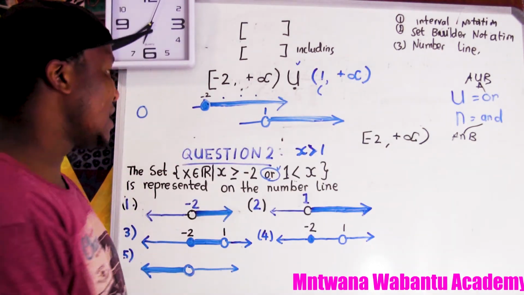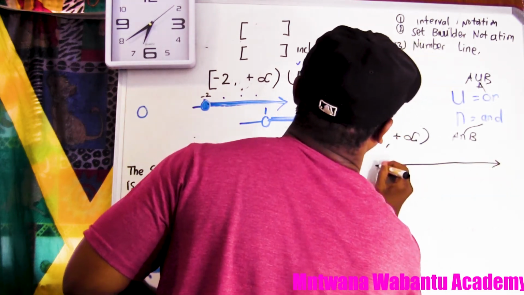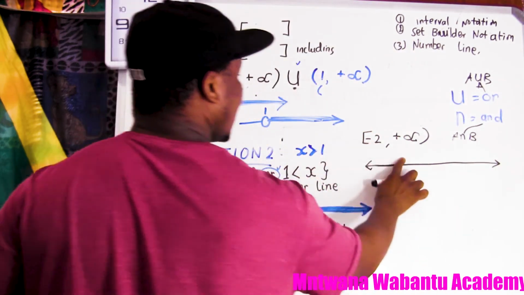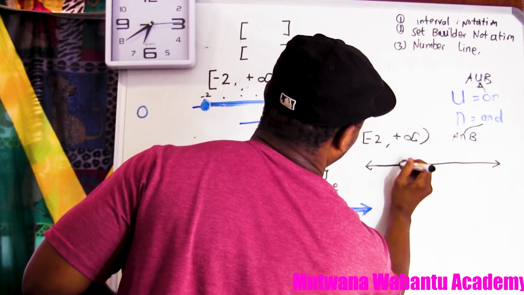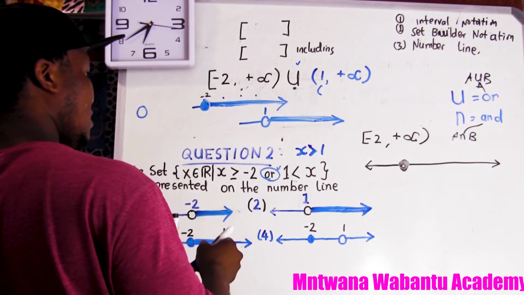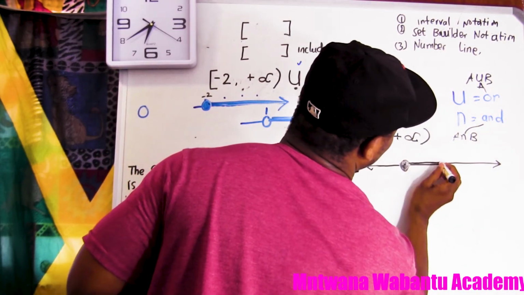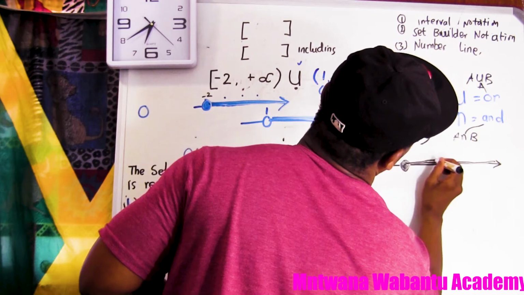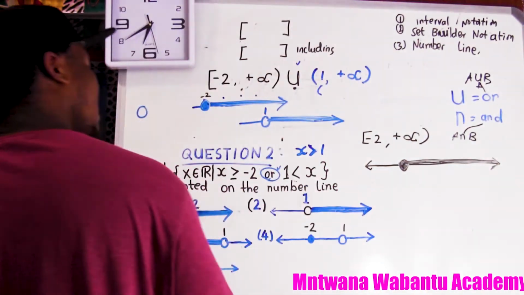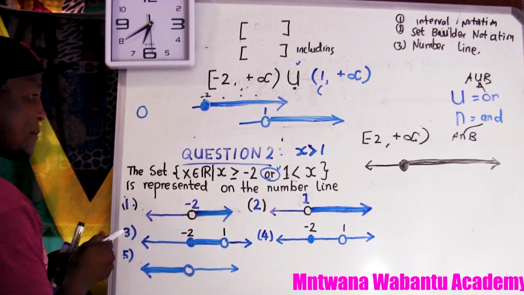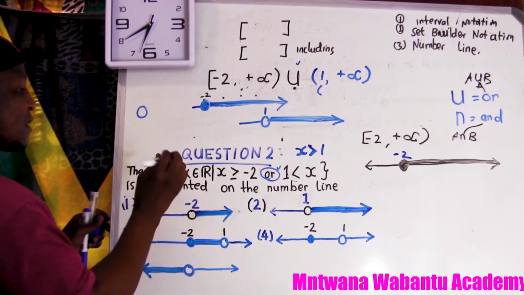As a number line, I can write one line. So my answer is going to be like this. Start from -2, and it's included, so write it like this, to positive infinity. Positive infinity means this is the area we need. And that's going to be option number 1, -2. And this is going to be our answer.